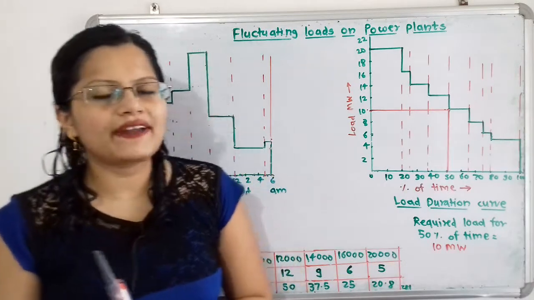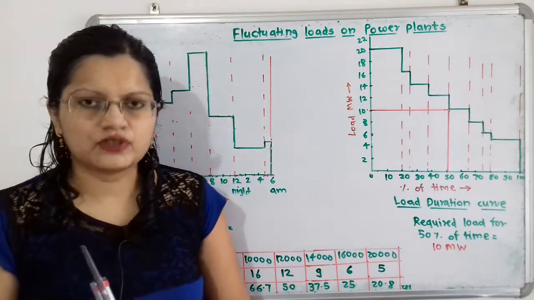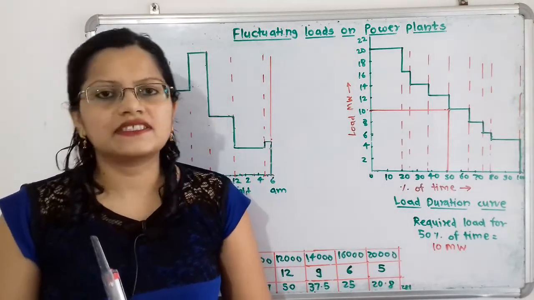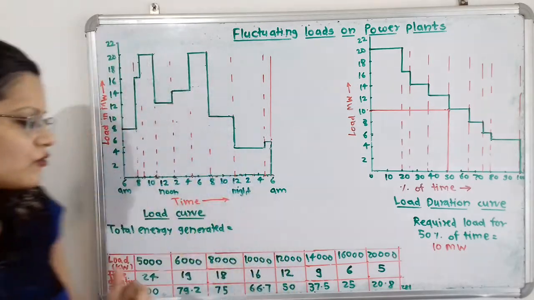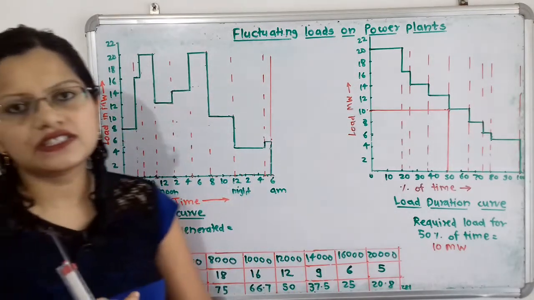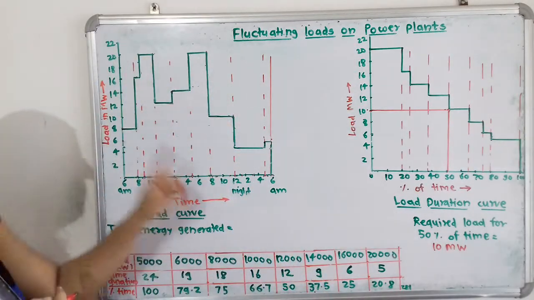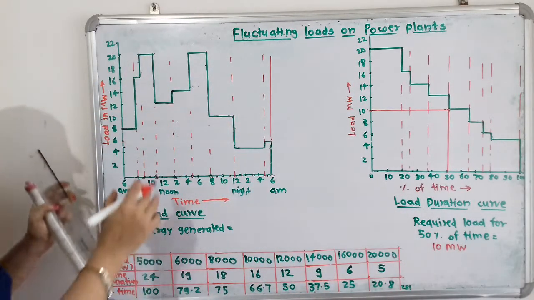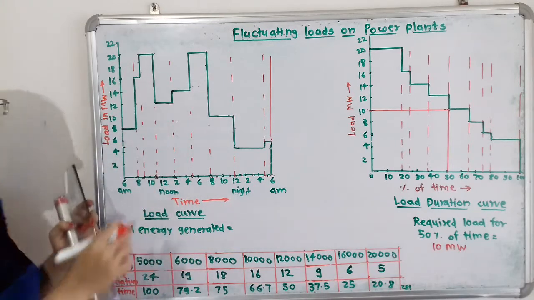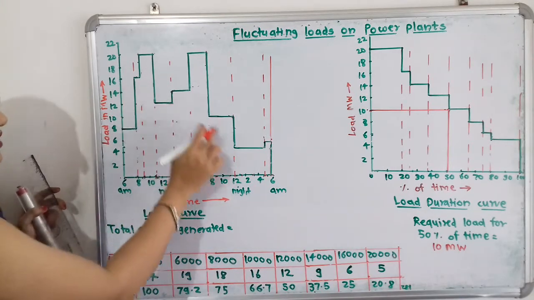Now we have to find out the capacity factor. To find out this capacity factor, we will first calculate the total energy generated. This total energy generated we have to calculate from this load curve. What is this total energy generated? That is the area under this curve.